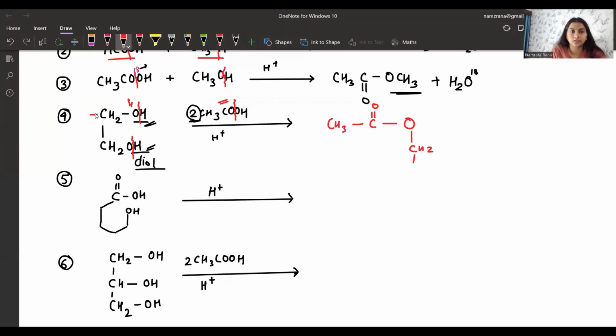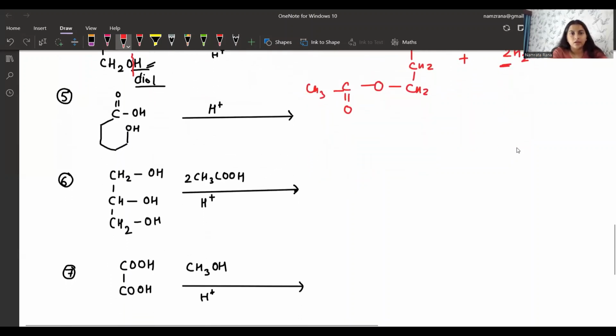Then this CH2 is connected to another CH2. This CH2 is connected to oxygen, which is further connected to your C double bond O CH3 part. So this is the ester which is going to be formed, plus 2 molecules of water are released. Remember, there are 2 molecules, correct?